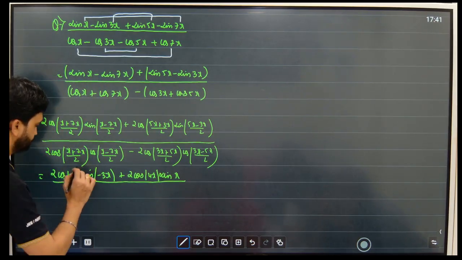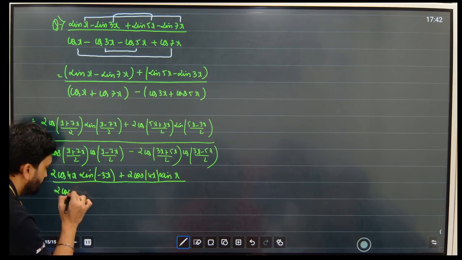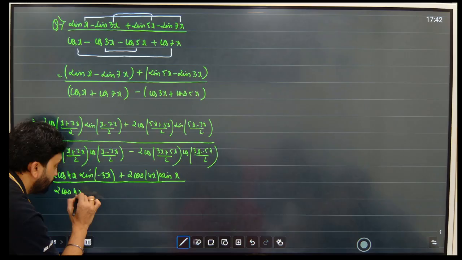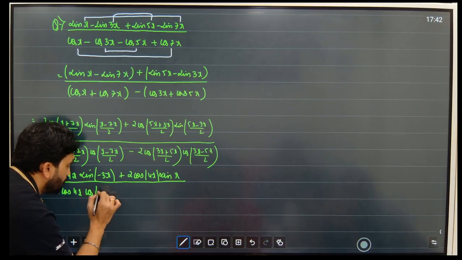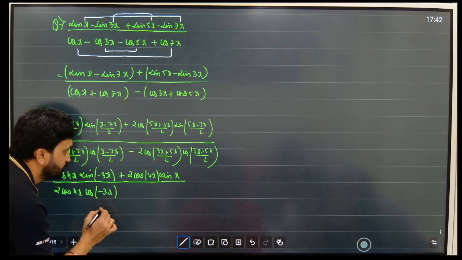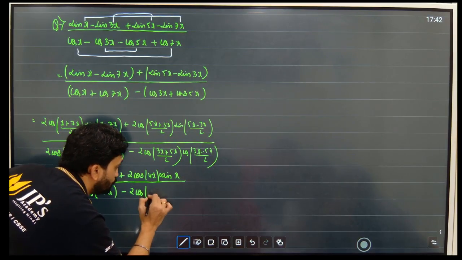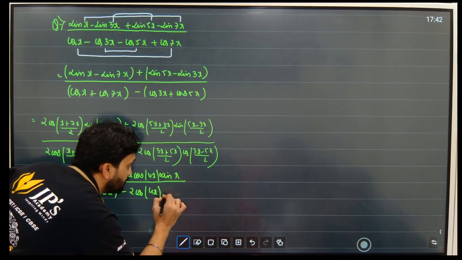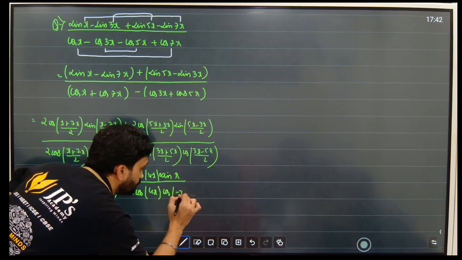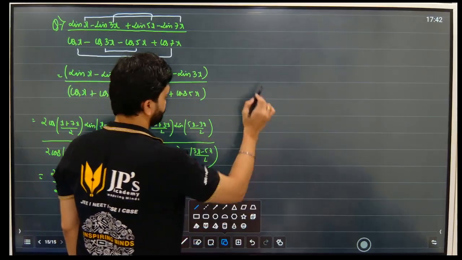The whole upon 2 cos 4x cos of minus 3x minus 2 cos 4x into cos of minus x.